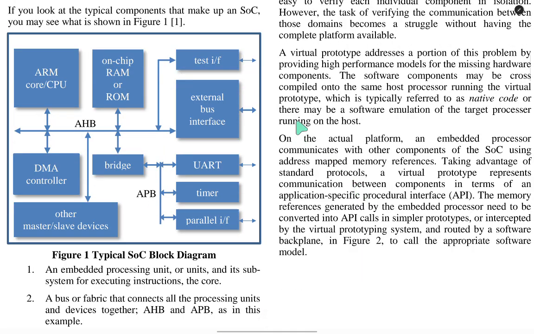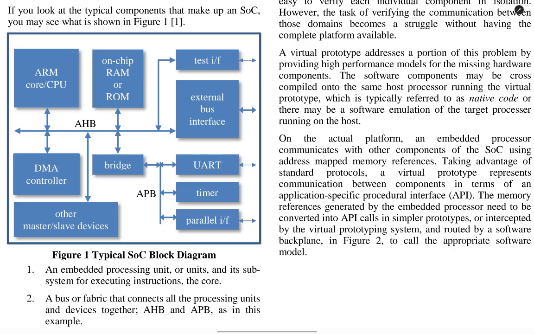On the actual platform, an embedded processor communicates with the other components of the SoC using address-mapped memory references. Taking advantage of standard protocol, a virtual prototype represents the communication between components in terms of an application-specific procedural interface (API).